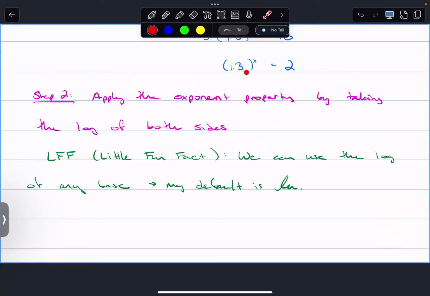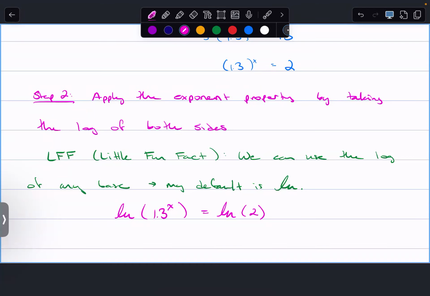So coming back here, if I take the natural log of both sides, then I get the natural log of 1.3 to the power of x is the natural log of 2. The natural log of 2 is just a number, so you can just leave it as is.